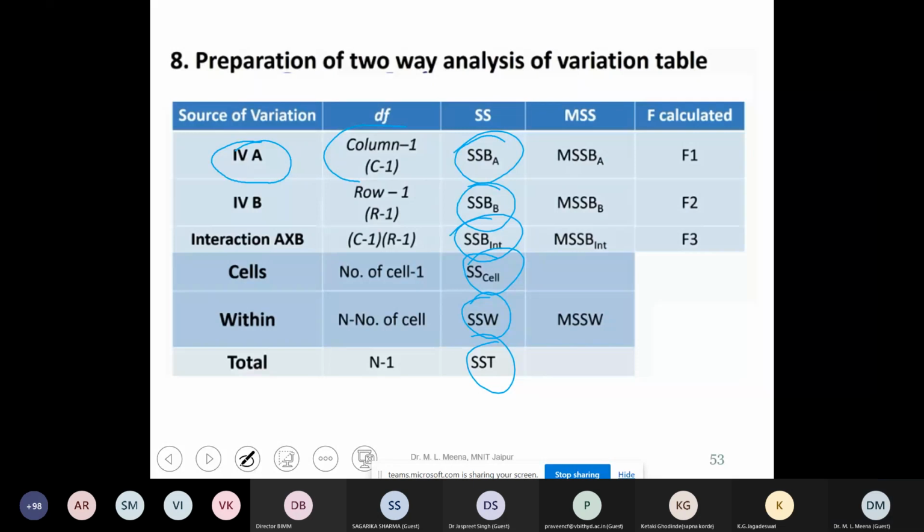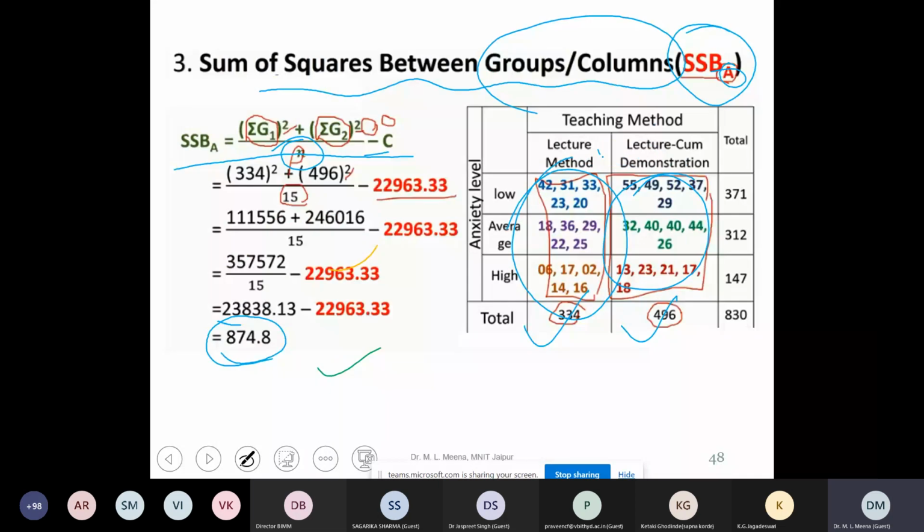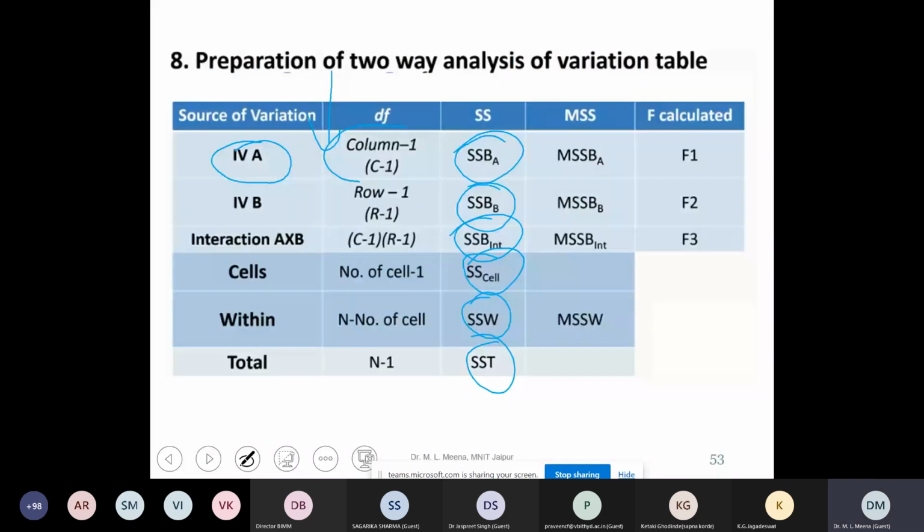We have two columns: the first column shows the lecture method, and the second column shows the lecture cum demonstration method. So 2 minus 1 is 1. So the degree of freedom of independent variable A is 1.